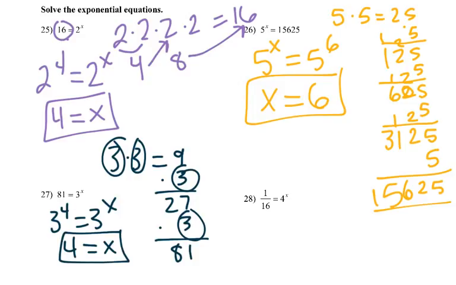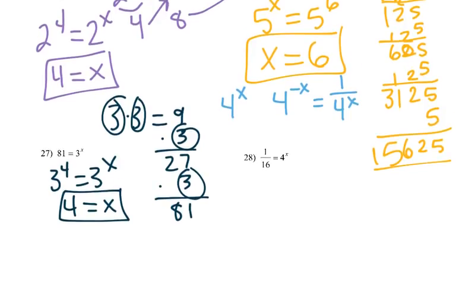Okay, now 28, we have an issue here because now we have a fraction. The thing you have to remember is, 4 to the x is 4 to the x. 4 to the negative x, if my exponent is negative, that's the same as 1 over 4 to the x. Okay? So probably the easiest way to think about it is, well, 1 over 16 is like 16 to the negative 1.